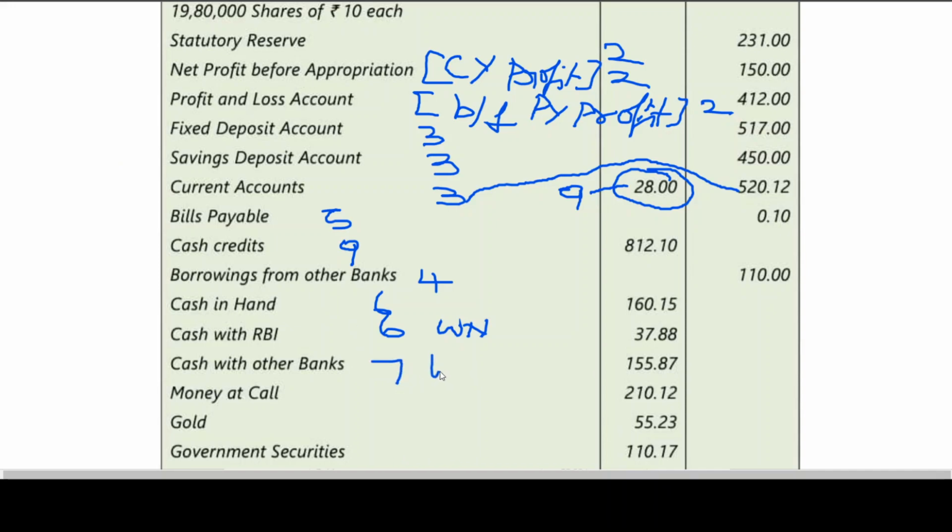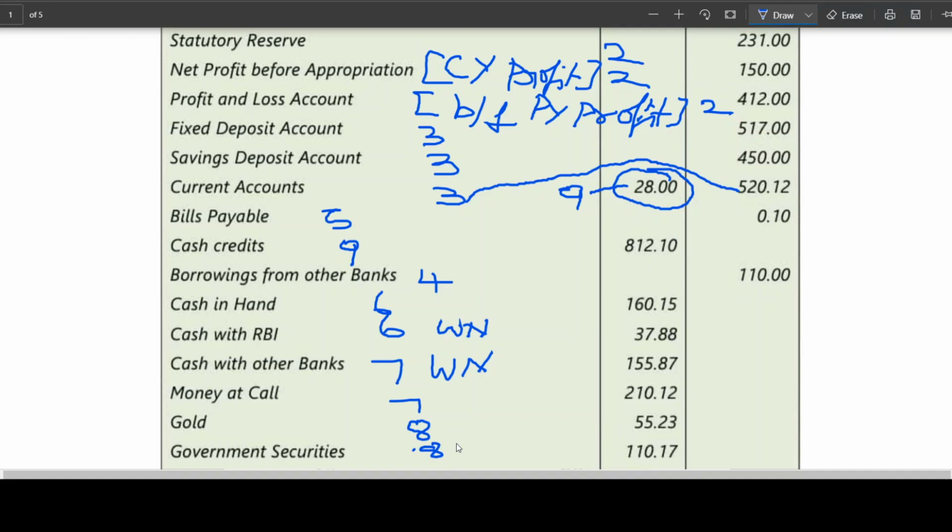We are also having working notes on this. What are the working notes? We'll discuss. Money at call. Come on, recollect yourself. Money at call is also Schedule 7. Gold we generally take as an investment. Government securities, investment, Schedule 8.